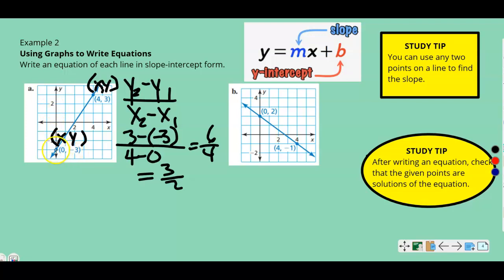So it crosses the y at -3. So m equals 3/2, b equals -3. Now we just use this equation, y equals mx plus b, substitute m and b, and we have our equation. So y equals 3/2 x minus 3.